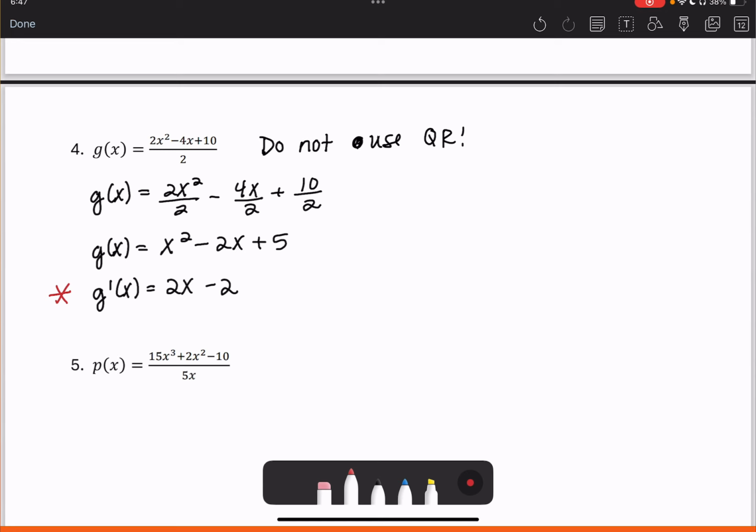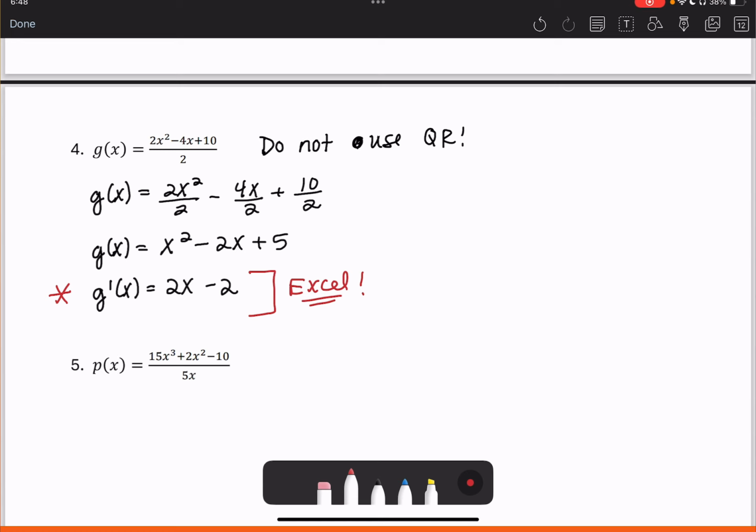So this right here, derivative that we got, is going to be way easier to deal with when we go to putting things into Excel, okay? So like I said, if we were to do the quotient rule, we're going to have something a lot more tedious to key into Excel. All right.